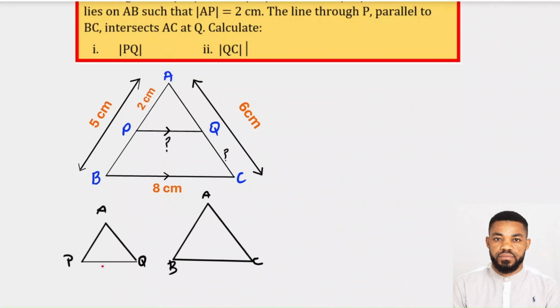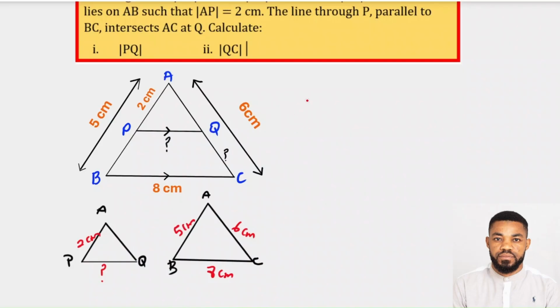But we know AP to be 2 centimeters. We also know AB to be 5 centimeters, BC to be 8 centimeters, and AC to be 6 centimeters. For AQ, we don't know. So that's how we can redraw the shape.